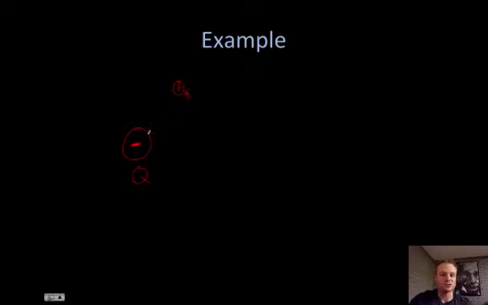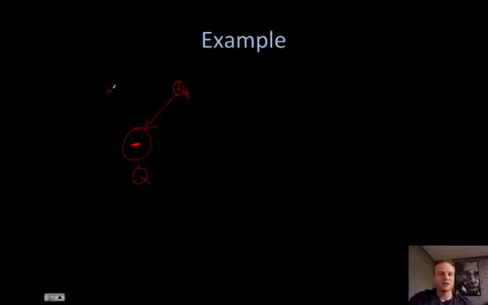Okay, would it be drawn to this negative, or would it be pushed away from it? And the answer is opposites attract, right? And so I could draw a line that would be going towards the negative source charge. Okay, that's cool. So that'd be one electric field line.